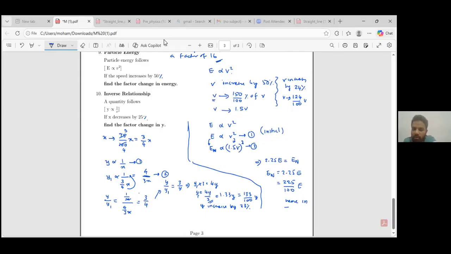You can just figure out the increase or decrease or whatever happens just by looking at the relationships. That comes with practice, right? If you get to that level, you can save a lot of time. Okay, so that's it for proportionality. We'll move to the next section.